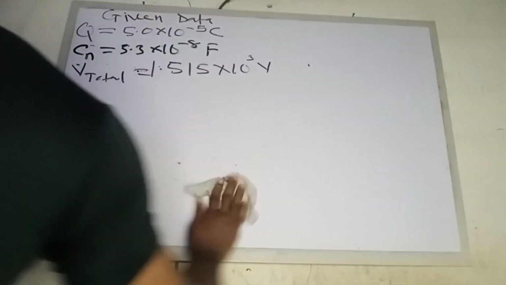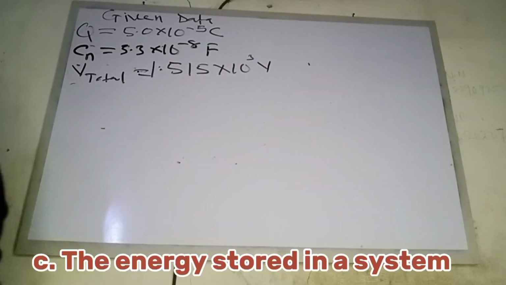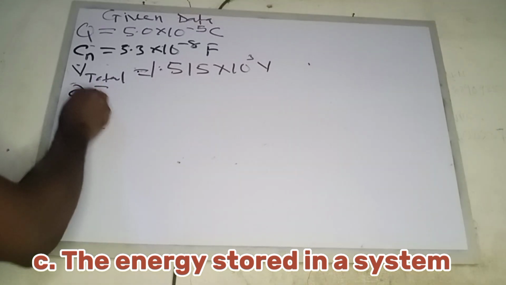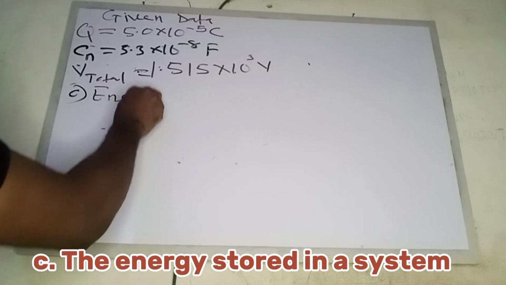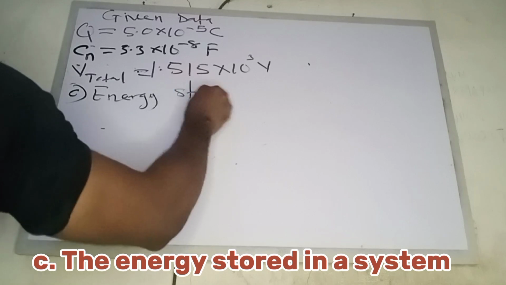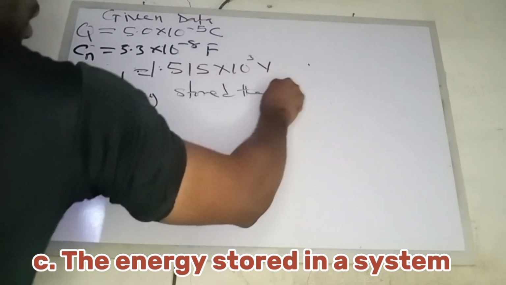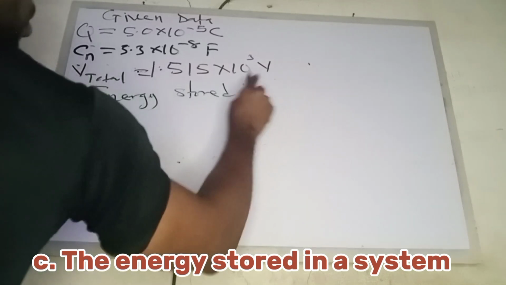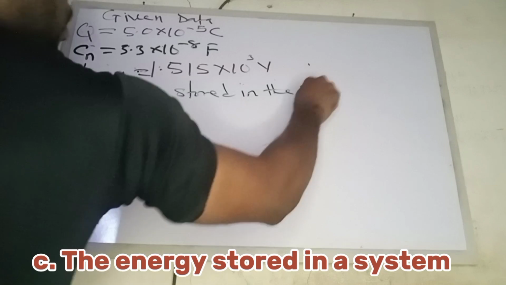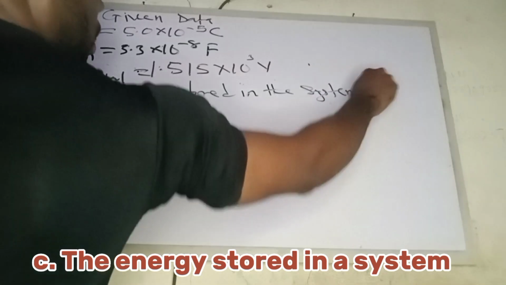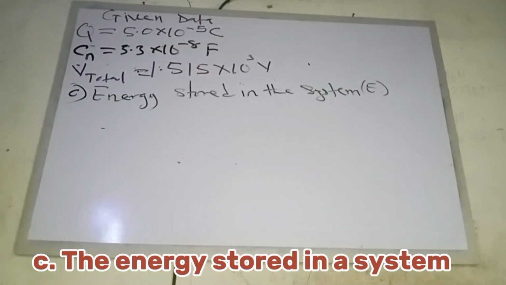The third question says determine the energy stored in the system. Question C: determine the energy stored in the system, E. Now, for me to calculate the energy stored in the system E, we have two formulas for that.